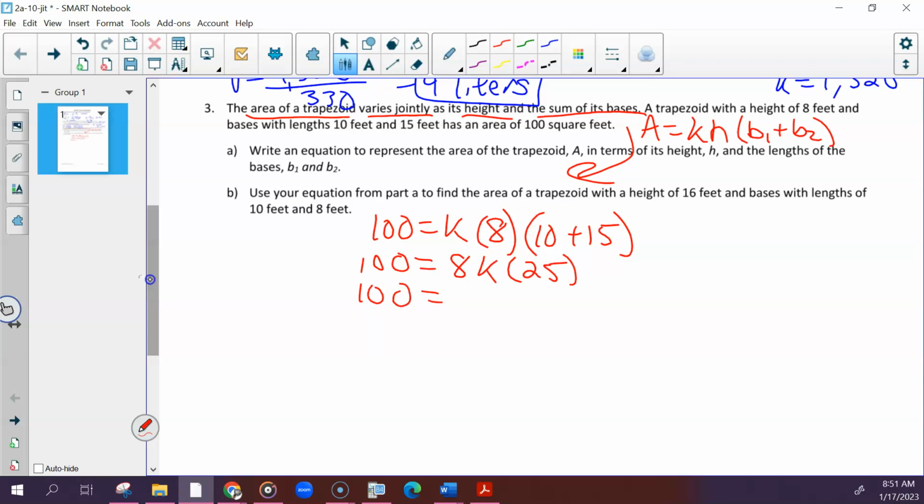So you could add the sums 10 and 15, multiply 8 and 25. Someone do that. Tell me what it is.